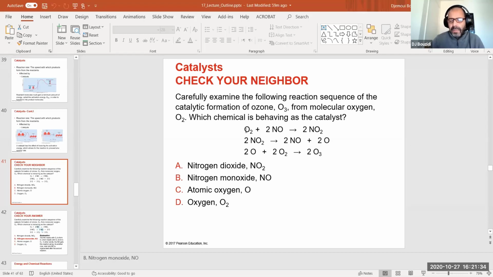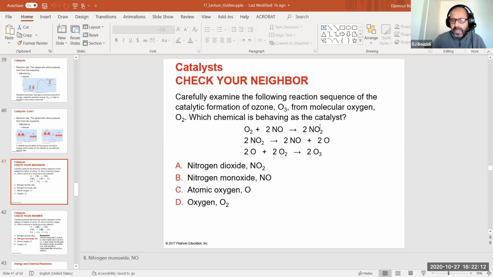So you start with it, it combines with the oxygen. Now you lost it, okay? But then this product is going to break again and give you two individual oxygen atoms in this case, which combine with the oxygen molecules to form O3. So you start with an O2, you end up with O3. And in between, you had an NO, which is really non-existent in this case. Don't talk about the nitrogen dioxide here, because nitrogen dioxide is a product that did not exist before and doesn't exist at the end.